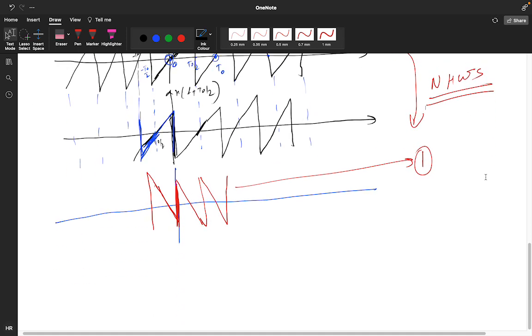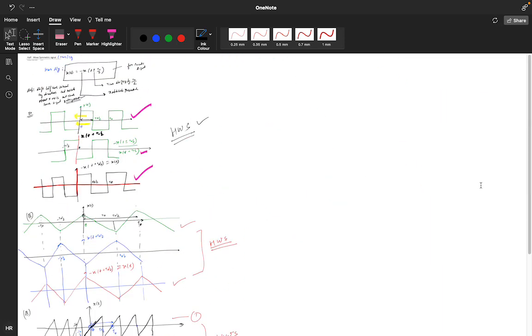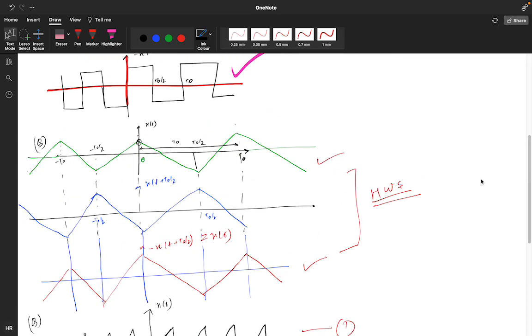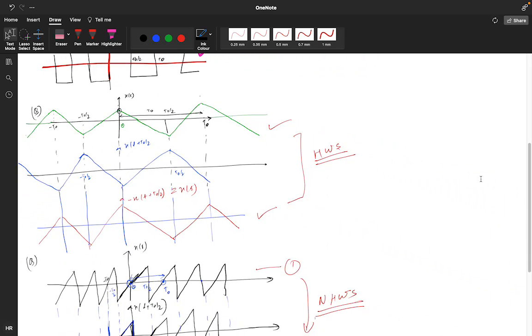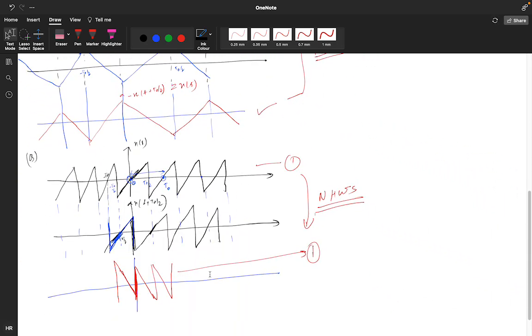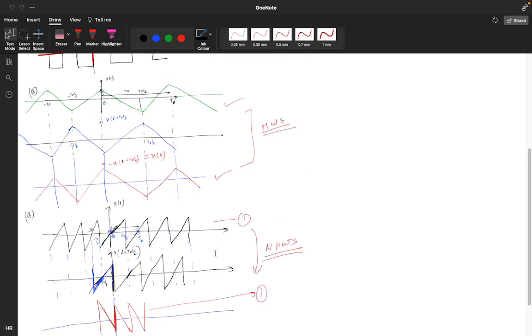Okay. Is this clear, guys? Is this part clear? Have you understood? Prasanna, understood?